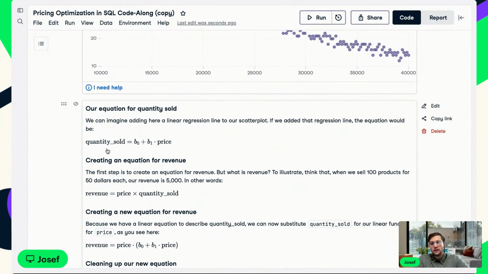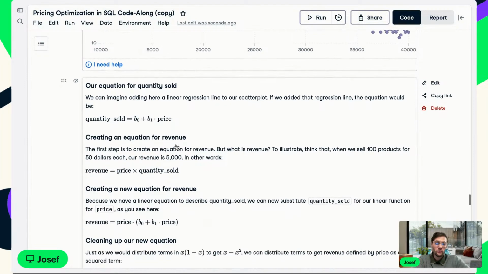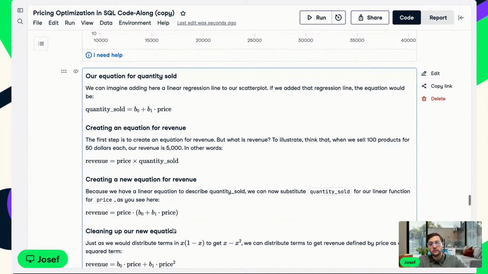However, we now have a linear function for quantity sold in terms of price. So if we want to turn this into a modeling exercise, we could replace quantity sold with our linear function of price. Now we can describe revenue as equal to price multiplied by beta 0 plus beta 1 times price.